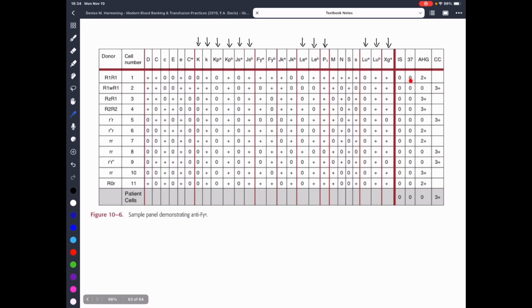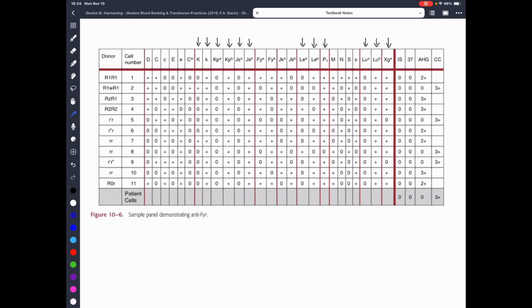That's why in the 37 degrees, we see a bunch of zeros, which are false negatives because, as you can see, IgG is present, but we just need the AHG reagent in order to see that positive reaction.